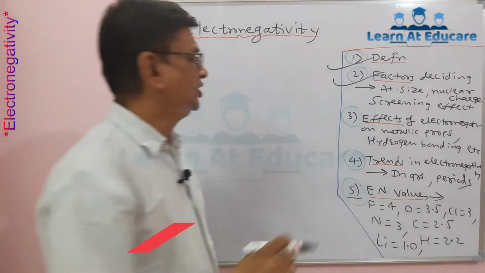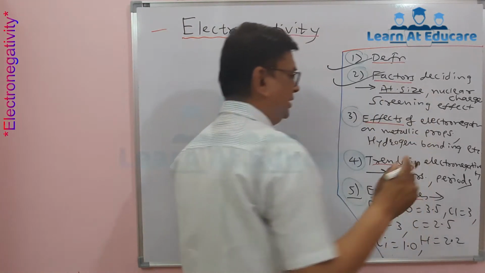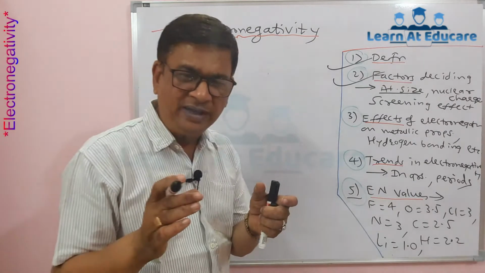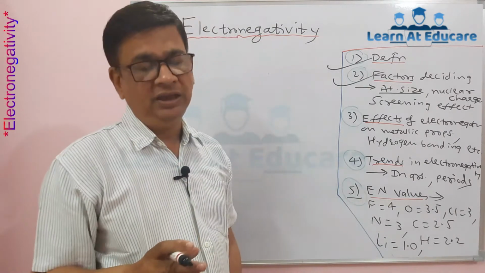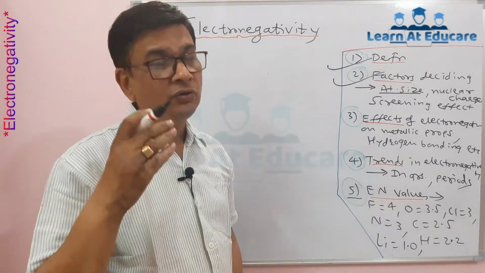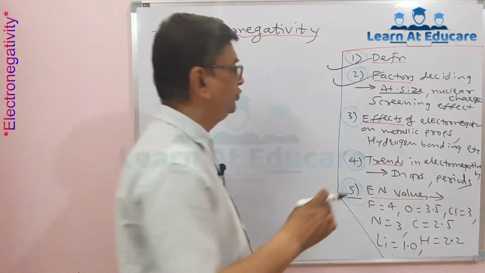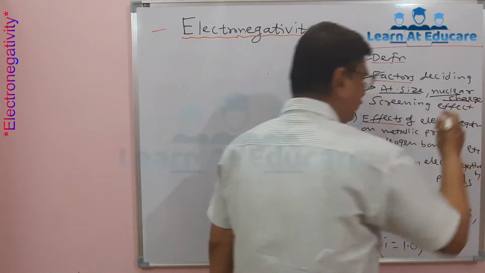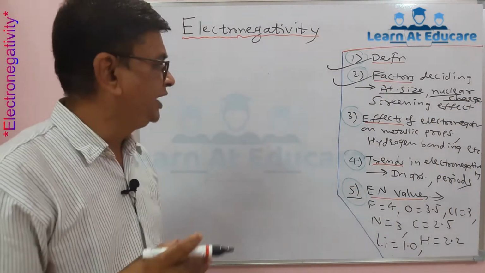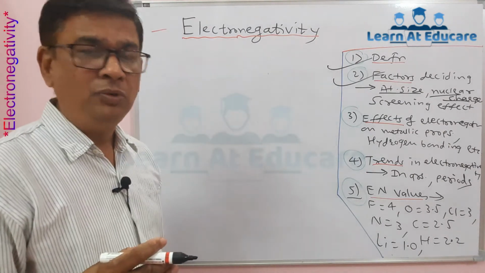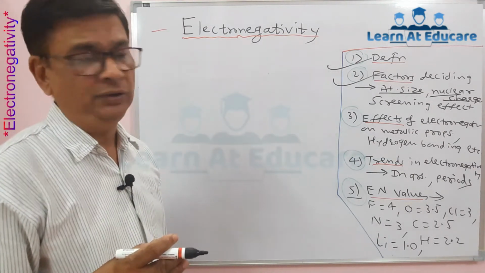Now the factors which decide electronegativity values. The first one is atomic size. If atomic size is very small, then the electronegativity is higher. If nuclear charge is more, then we have more electronegativity value.